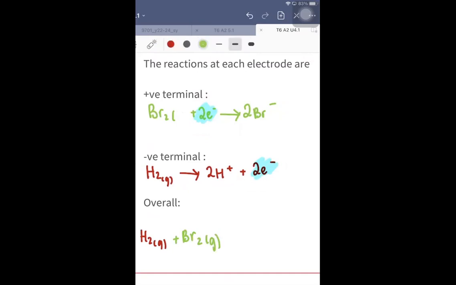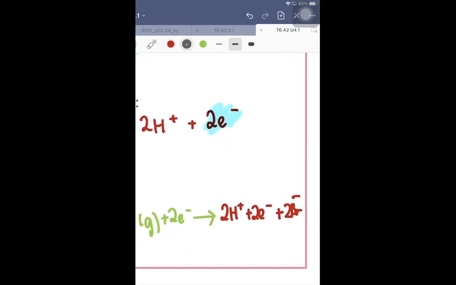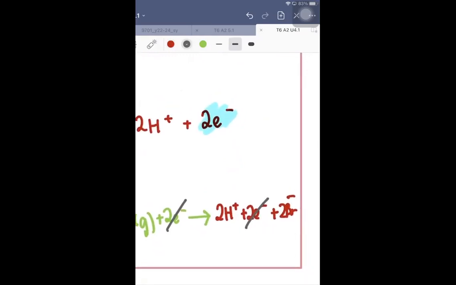Okay. Plus 2 electrons. You will see later on the 2 electrons will cancel out. 2H plus 2 electrons plus 2 Br minus. Okay. Don't know if you can see, but the 2 electrons cancel out. So overall reaction is that.